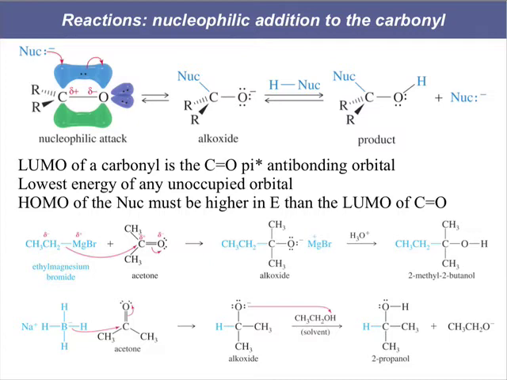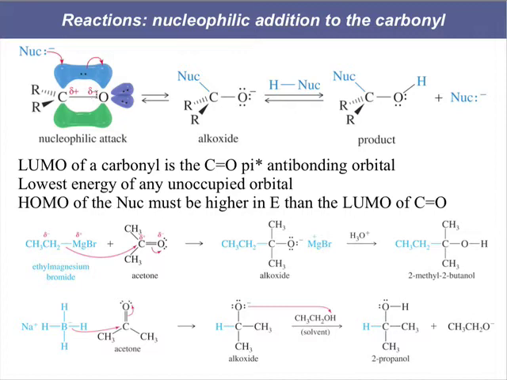We mentioned this when we looked at addition of Grignards to carbonyls, is that on the carbonyl, the highest energy bond is the C double bond O pi bond, which means that the LUMO, the lowest unoccupied molecular orbital on these functional groups, will be the C double bond O pi star antibonding orbital. That is the orbital into which the nucleophile adds.